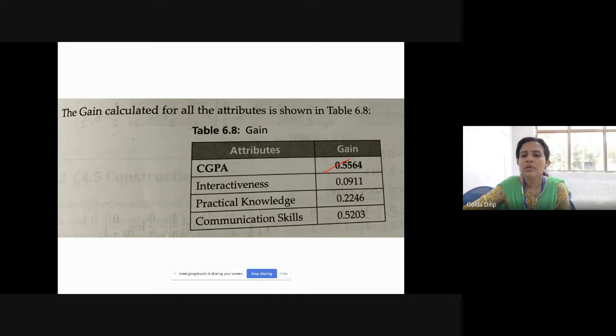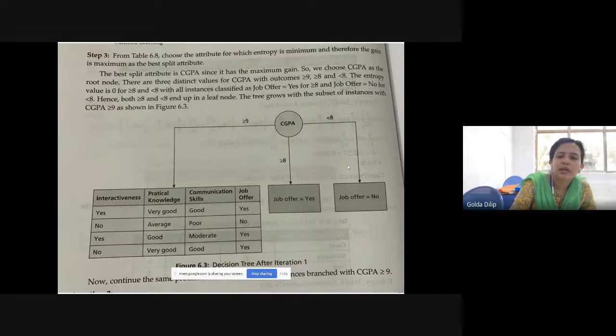That was 0.5564, for CGPA. Based on that, we created a partial decision tree with the information we had. Then from the 10 records, we reduced it to 4 instances. The next iteration proceeded with these 4 instances.